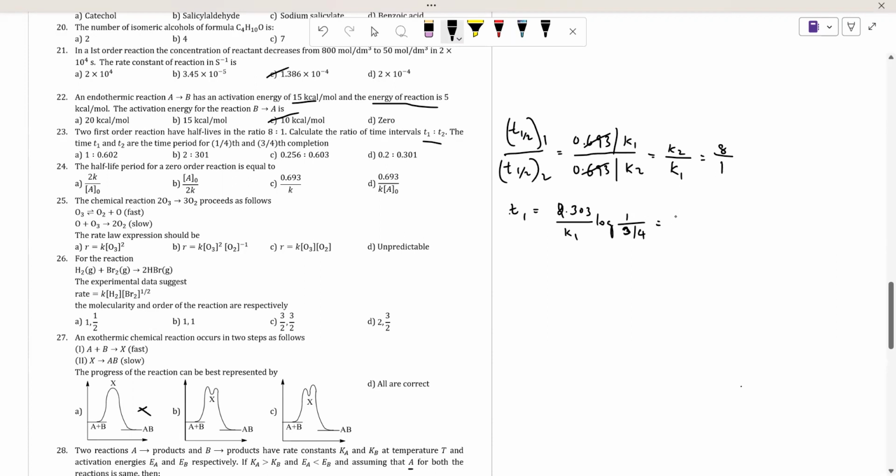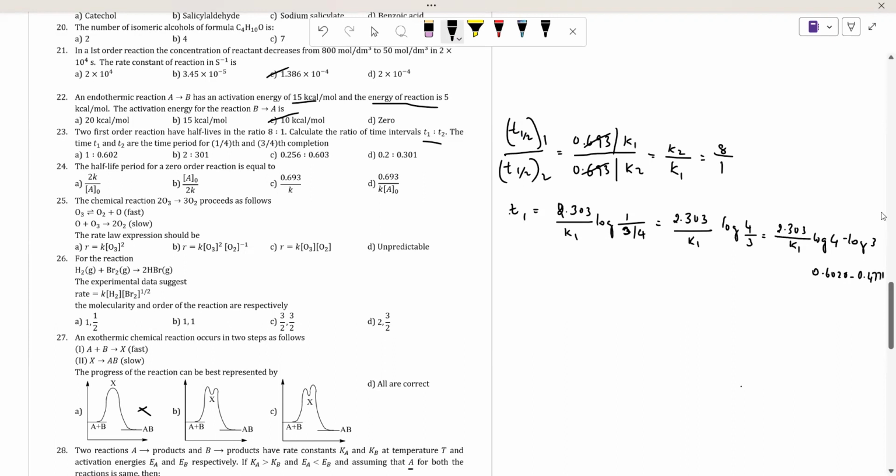So this can be rewritten as 2.303 divided by K1 log of 4/3. On solving, you will write 2.303 by K1 into log 4 minus log 3. And you know log 4 value is 0.6020 and log 3 is 0.4771.